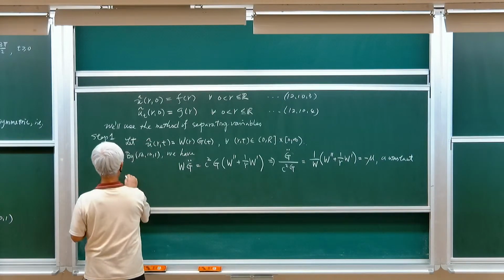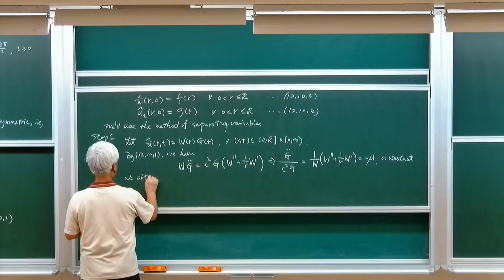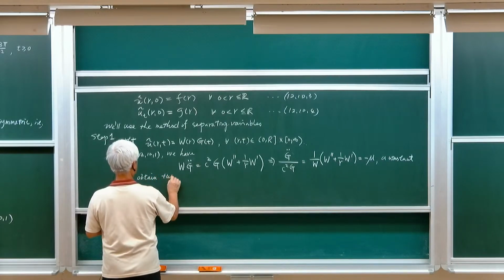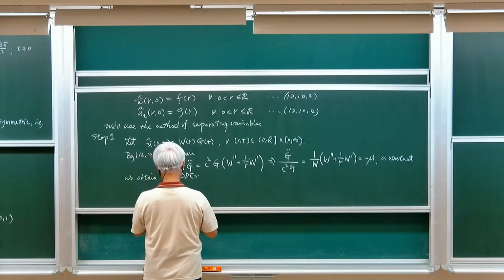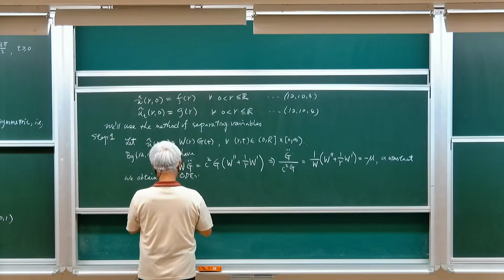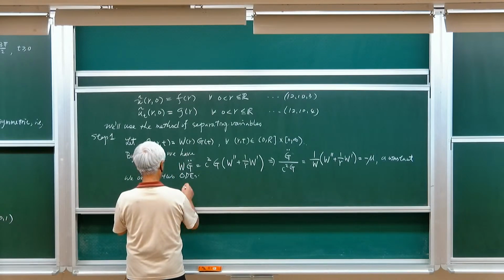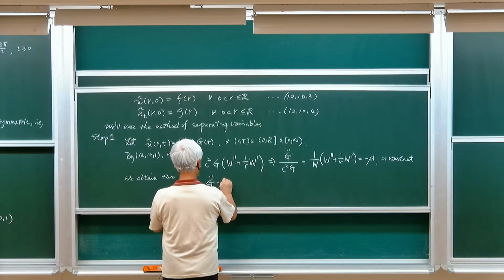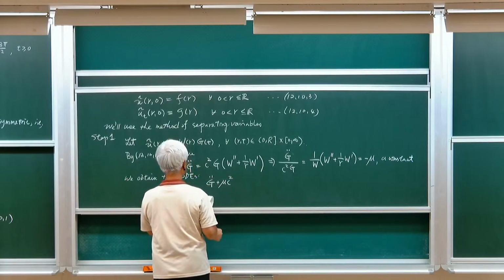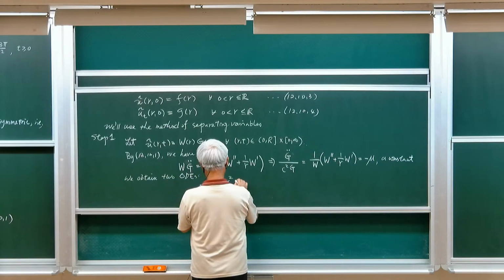So we obtain two ODEs. G double dot plus mu c squared G equal to 0.